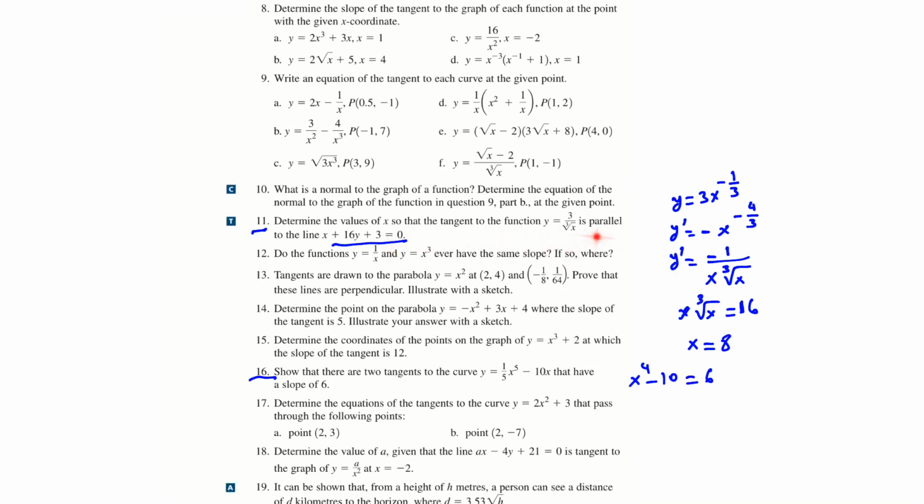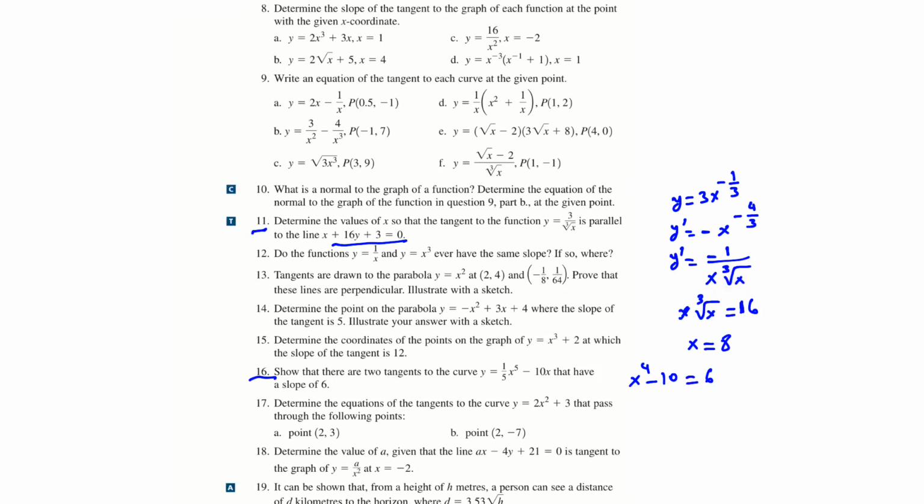We write the function in the form of 3x to the power of negative 1 over 3. The derivative would be 3 times negative 1 over 3, negative 1, x to the power of minus 1 over 3 minus 1, x to the power of negative 4 over 3, which is the same as negative 1 over x cube root of x.